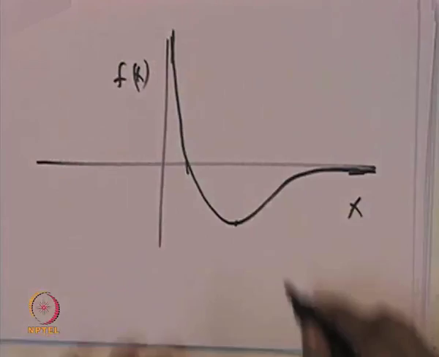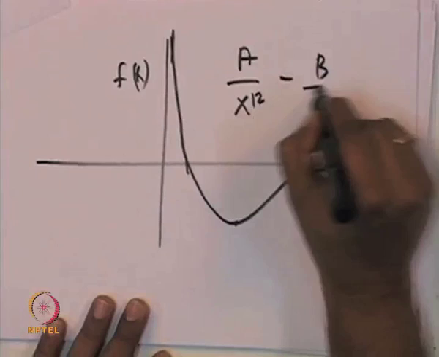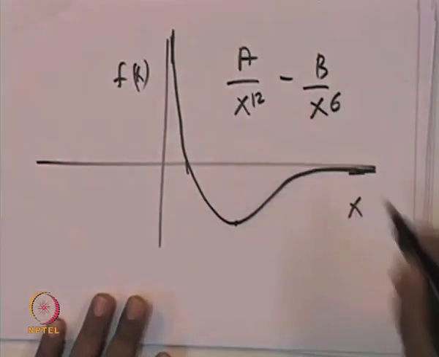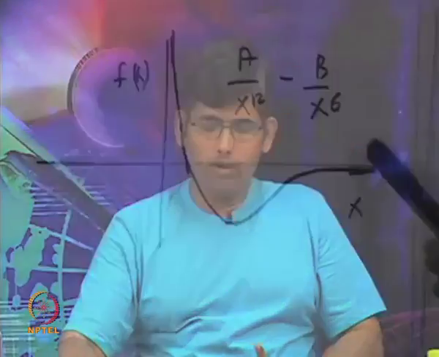So, this will be a by x power 12 minus b by x power 6. I am doing it in a hurry because in this lecture I already described your protocol and an example, and I quickly wanted to tell you that you can use this example in an assignment or as a take home question, and do this plotting yourself, and you will find a plot which looks like this.